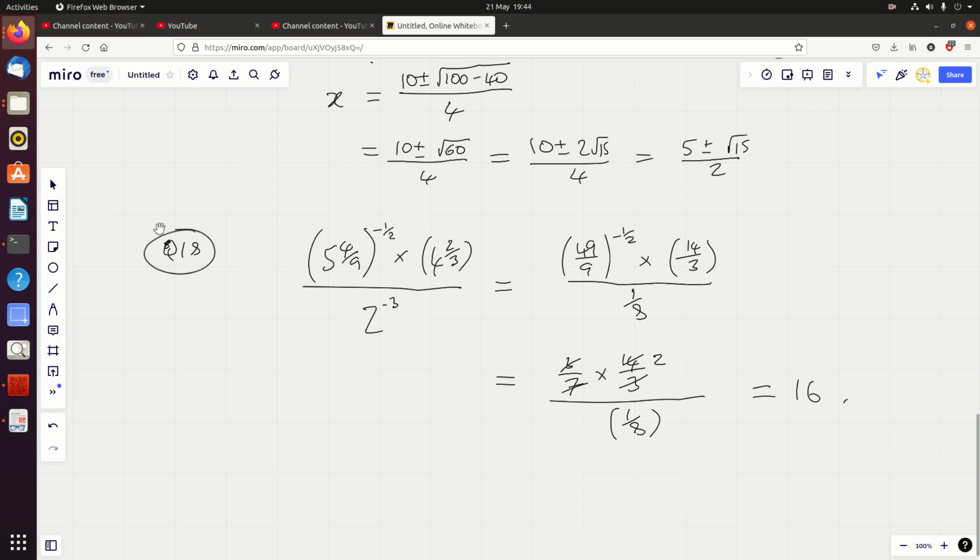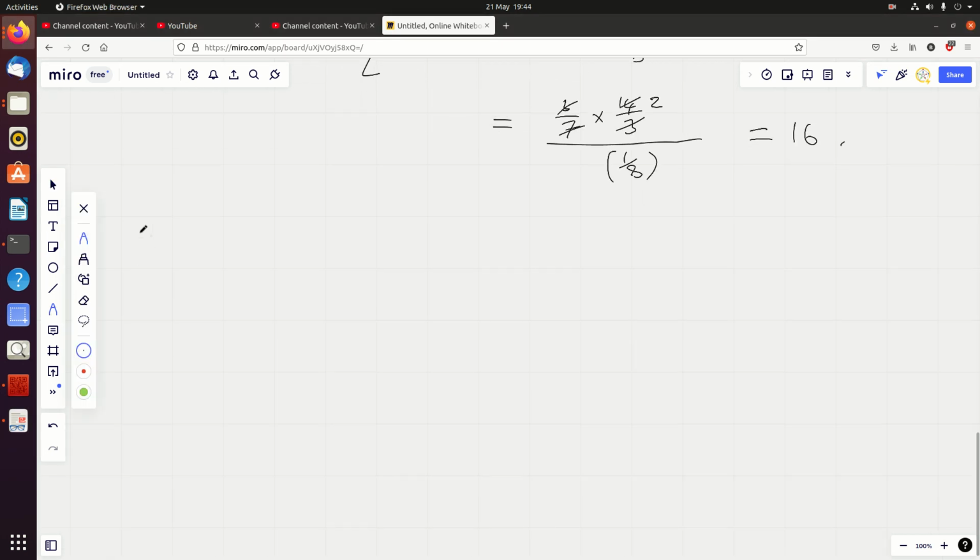So we've got y is directly proportional to the square root of t. And obviously that means y equals k root t.